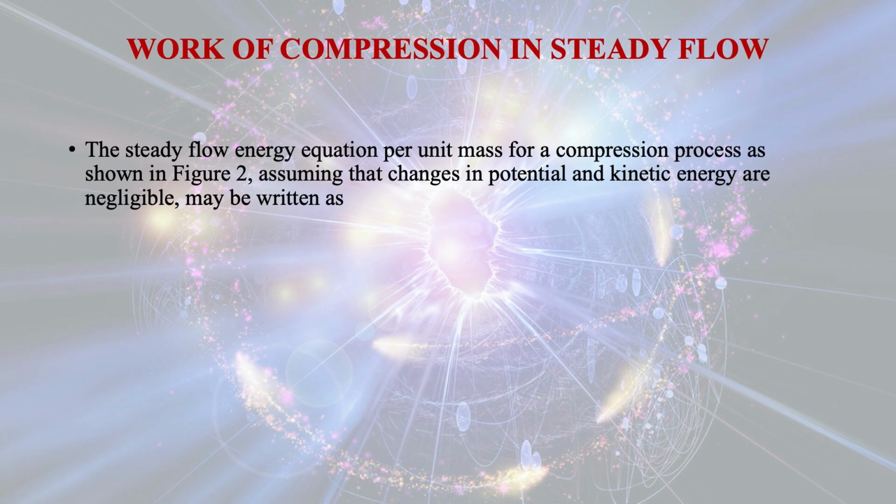Now let us see how we can calculate the work of compression in steady flow. The steady flow energy equation per unit mass for a compression process is shown in figure 2. Assuming that changes in potential and kinetic energy are negligible, it may be written as Q minus Wx is equal to H2 minus H1.